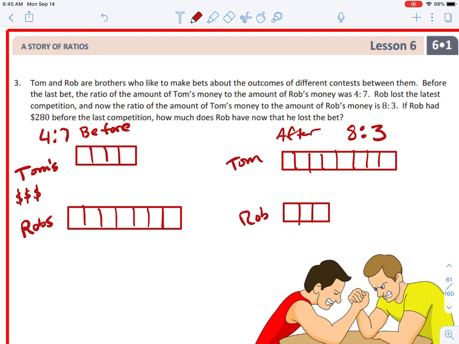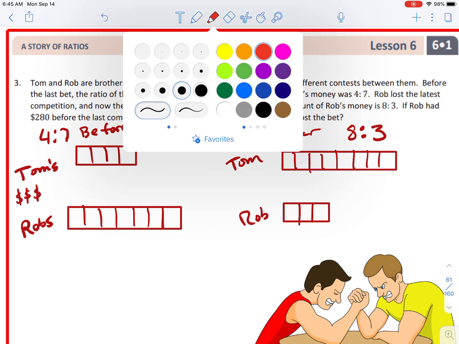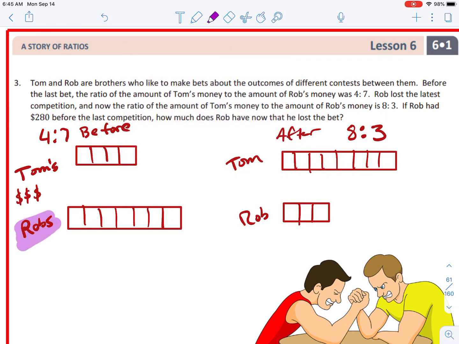Okay, so we have to figure out how much is going to go in each unit for Rob. We're looking at right here. Before the competition, he had 1, 2, 3, 4, 5, 6, 7 units. Those 7 units had to equal $280. So to figure out what's going to go in each unit, we do 280 divided by 7.